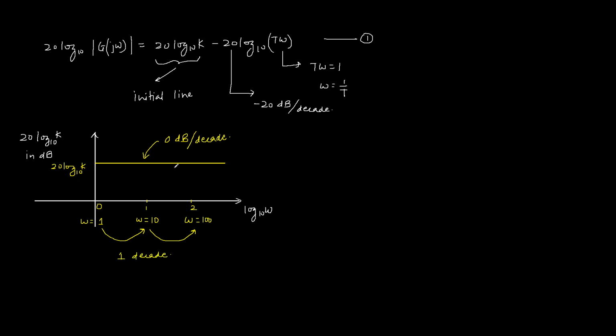That's why the unit for slope is dB per decade. Here the line is flat or horizontal line, which means for every decade magnitude is changed by 0 dB. That's why magnitude is unchanged, hence the slope is 0 dB per decade. Now we will draw the next line, this part minus 20 log T omega base 10.